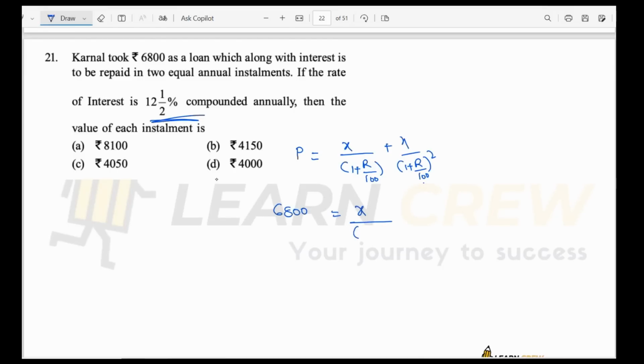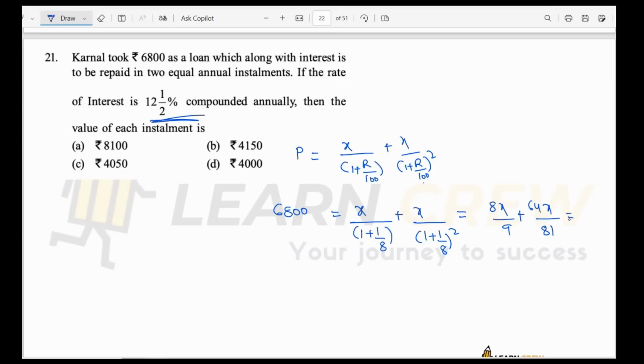1 plus 12.5 by 100 means 1 by 8, so x by 1 plus 1 by 8, plus x by 1 plus 1 by 8 whole square. If you simplify this, I will get 8x by 9 plus 64x by 81.